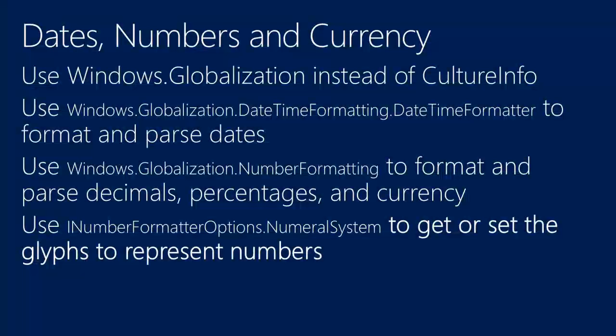Number formatting is used for parsing and serializing decimal numbers, currencies, and all types of numbers, and it supports multiple numeral systems. The numeral system will control the glyphs that will show with the number.